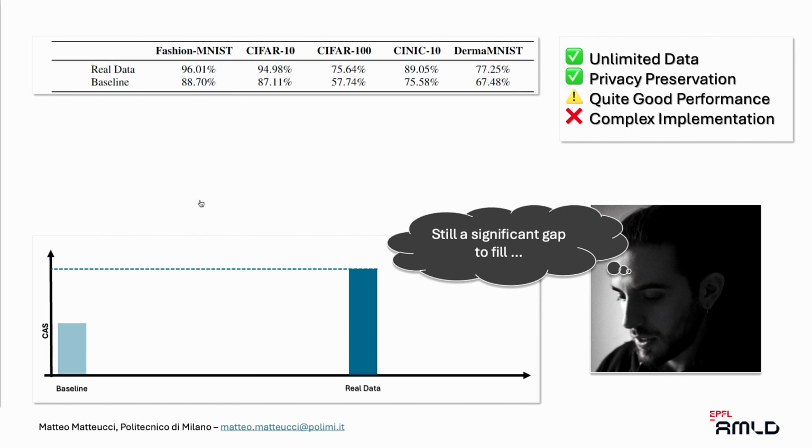On the CIFAR-10, you get almost up to a 20% difference. So there is still a real gap between a baseline, which is your classifier trained on the real data, and the classifier that you train on purely generated data.